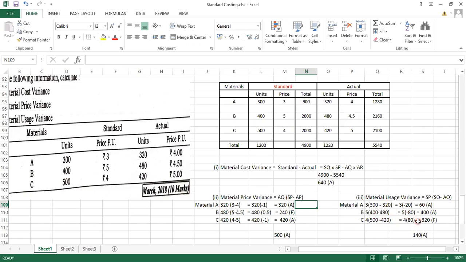So that is why we will be writing down in the bracket adverse. Calculate for C. Standard price is 4. Quantity is 500 minus 420. So this will be positive 80. So 4 into positive 80 means 320 favorable.